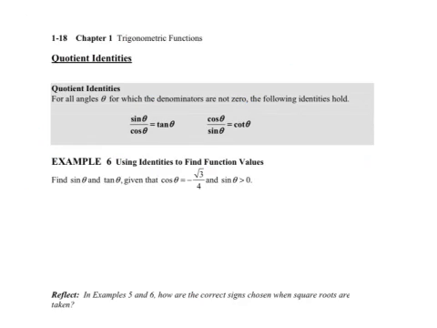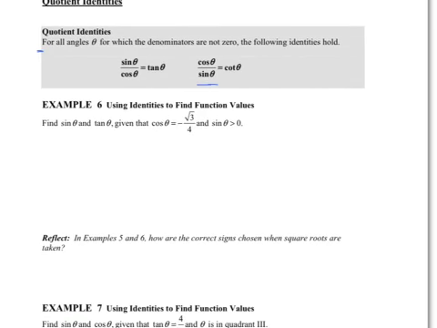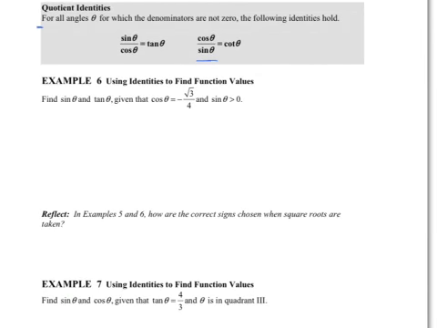We have the quotient identities. It says for all angles theta for which the denominators are not 0, the following hold. Sine of theta divided by cosine of theta equals tangent of theta, and cosine of theta over sine of theta equals cotangent of theta.